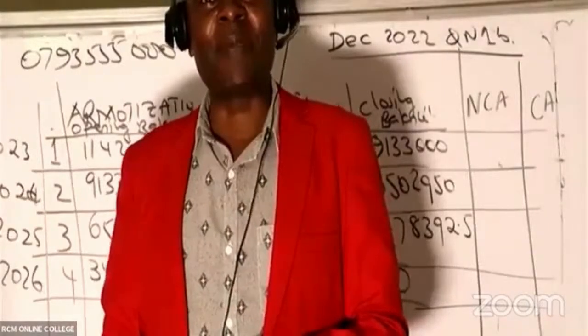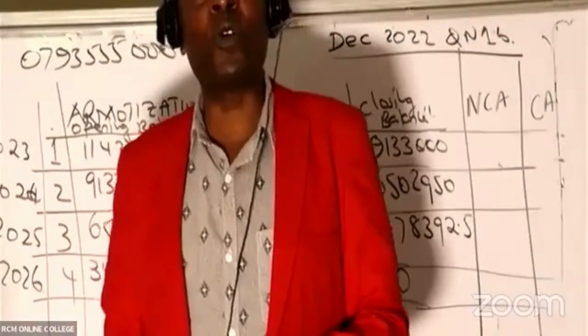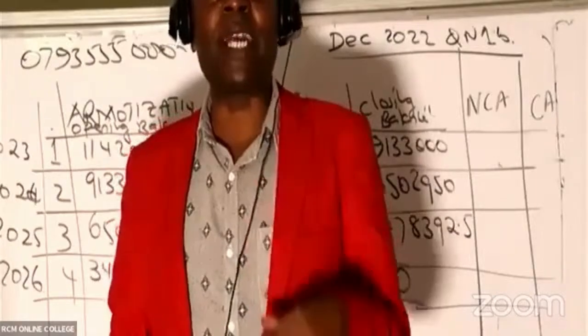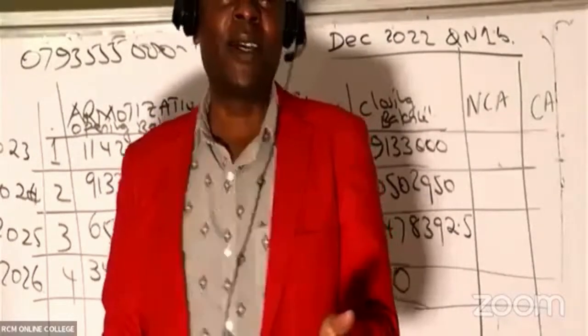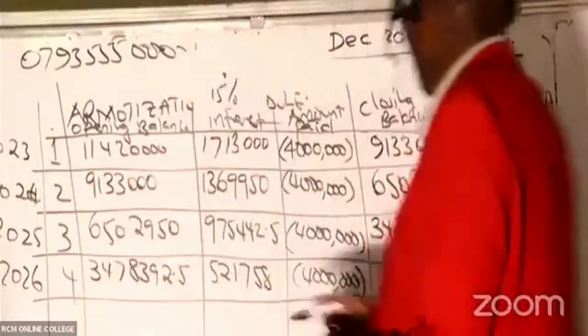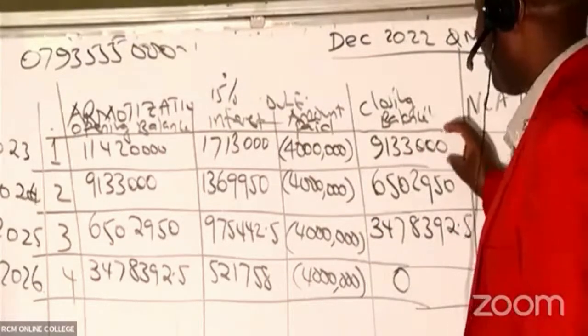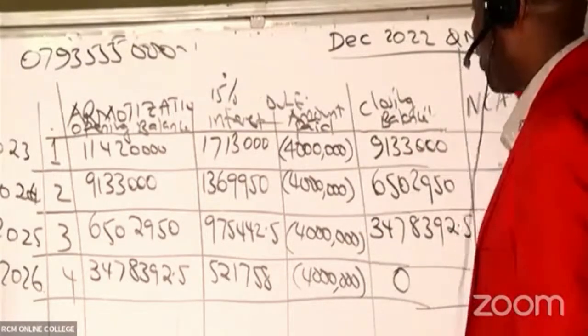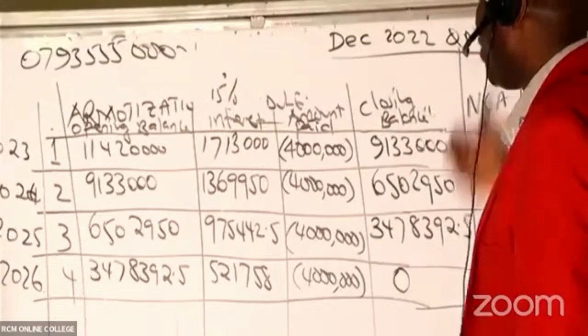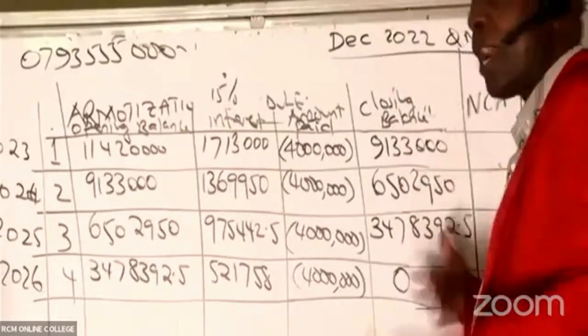Now, ladies and gentlemen, when we call something non-current, it means more than a year. So if we are here in year number 1, the future cash flows belong to what we call non-current, more than 1 year.